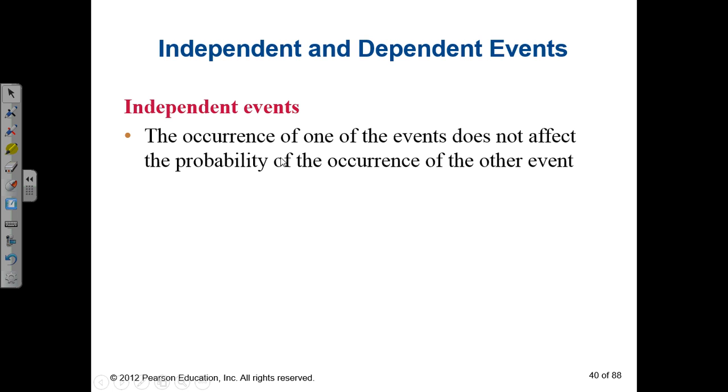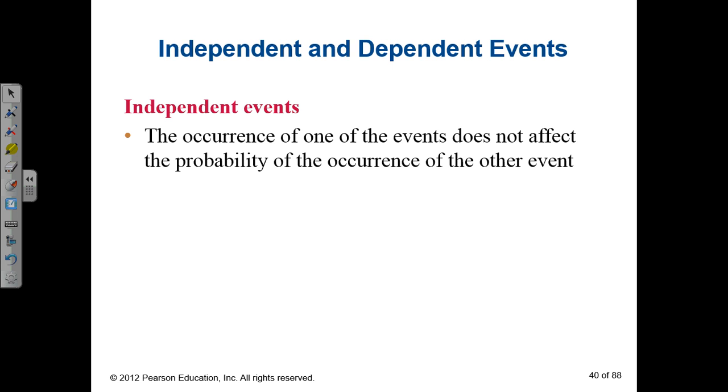Here's another definition that we're going to need, the idea of independent or dependent events. Two events are considered to be independent if the occurrence or non-occurrence of the first event does not affect what happens to the probability of the occurrence of the other event. For example, if my two events consist of tossing a coin and getting heads, and the second event is to roll a die and have it land on 2, whether I get the head or don't get the head on the coin toss has no effect on what's going to happen to that die roll.